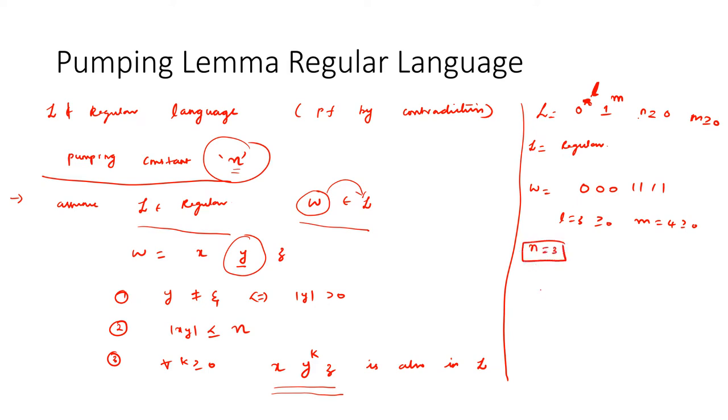Then let me propose a partition scheme, x equal to 0, 0, y equal to 0, z equal to 1, 1, 1, 1. Are you all convinced that x y z together constitutes w? W will be equal to x y z.